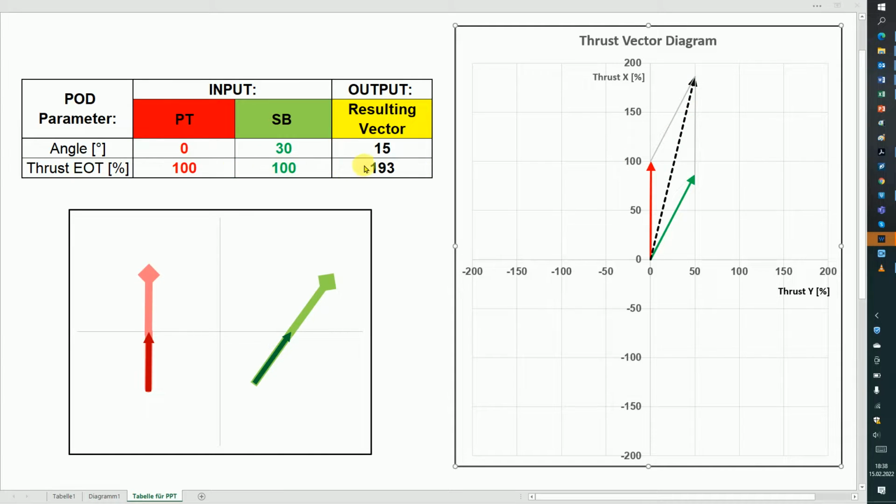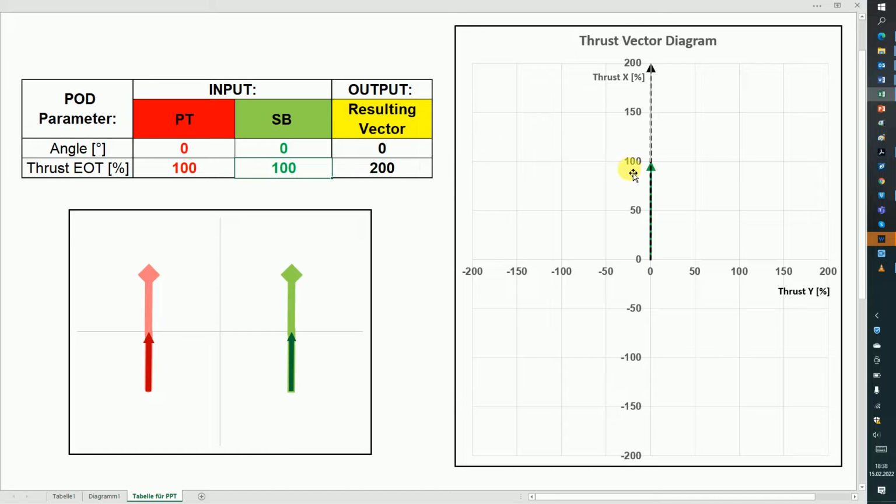If we go here also to 0, then we see the length is now 200, that's the double of this part. Let's go back to 30 degree, then we see it's now 193. It's nearly double the one.